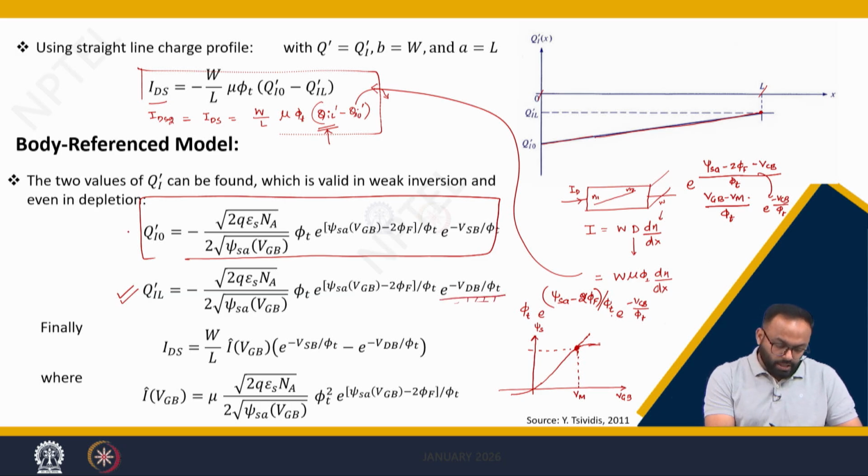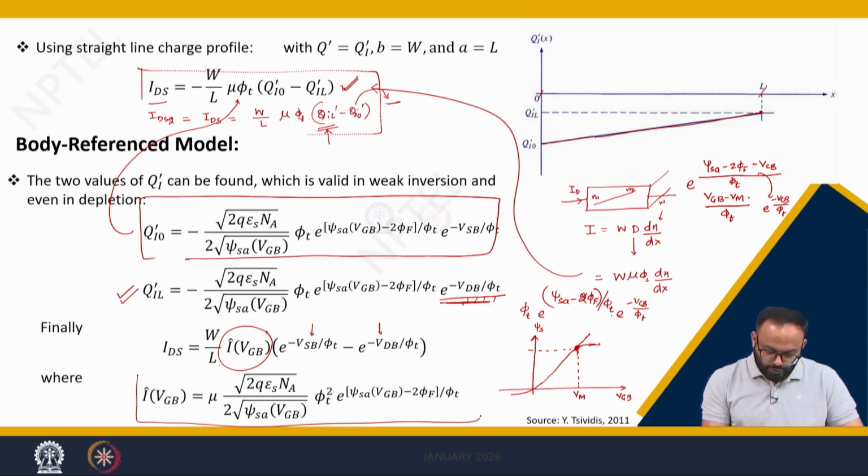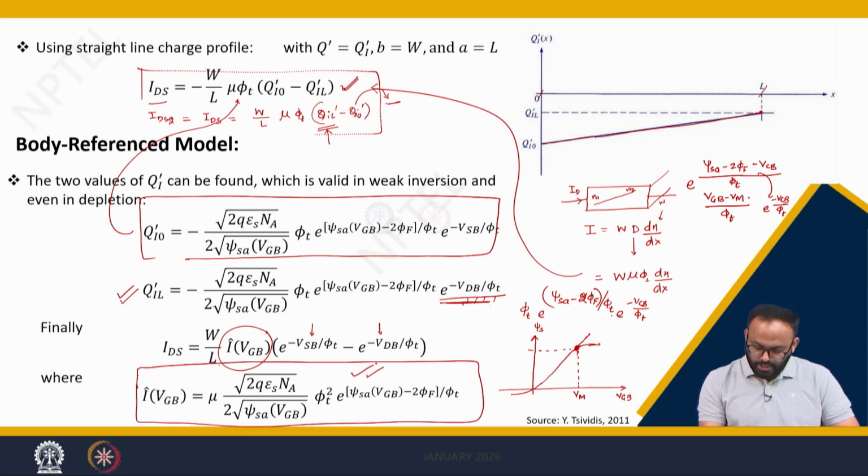We will put back these two equations here to calculate IDS, which is IDS equals W divided by L, some function which is only a function of Vgb, into e to the power of minus Vsb by phi t minus e to the power of minus Vdb by phi t, because this term minus this term you are doing right here, Qi L dash minus Qi0 dash, where this function is only a function of Vgb, which we are going to later replace by this.